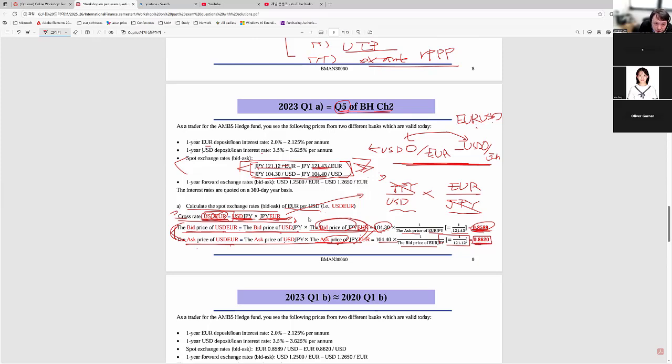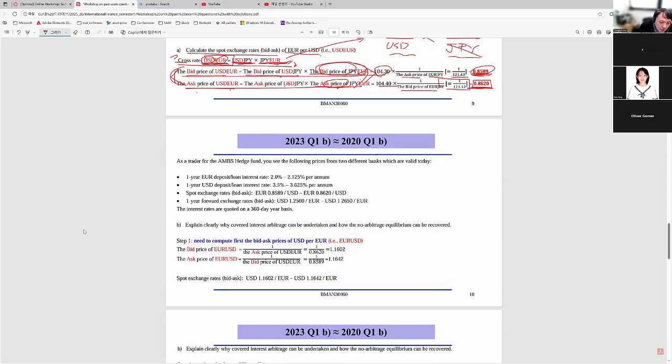The reciprocal of this one should be the bid price of EUR USD. So you can compute the bid price and ask price of EUR USD as reciprocals of these two. You can get these two numbers. So the spot exchange rate is given like this, EUR USD.